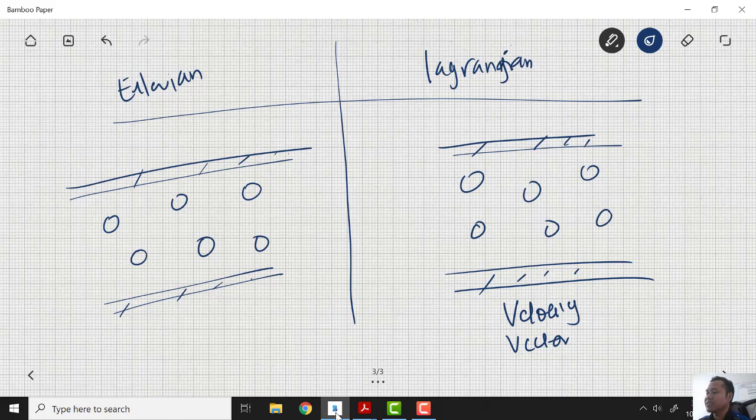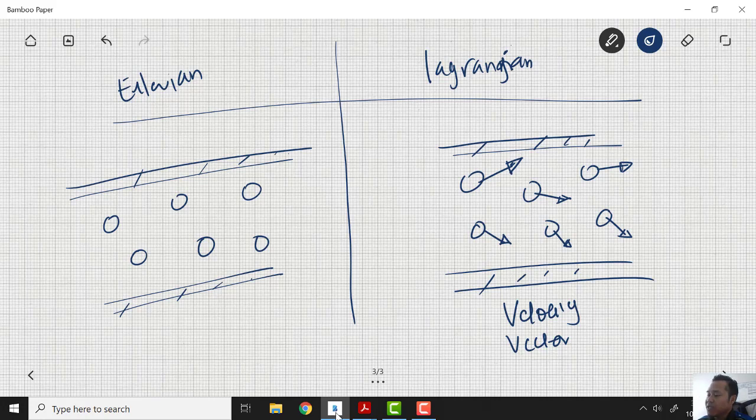If you want to study the water properties, you have to look at every single molecule. What is the velocity? Where is the vector of every single molecule? It's very difficult to track every molecule in the pipe.